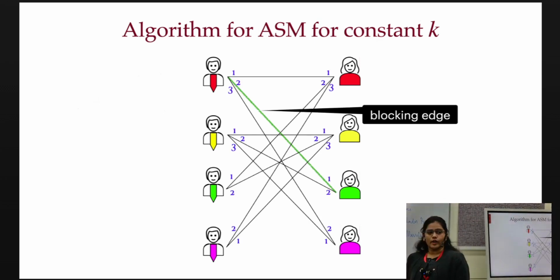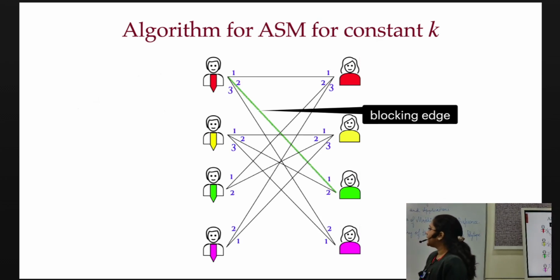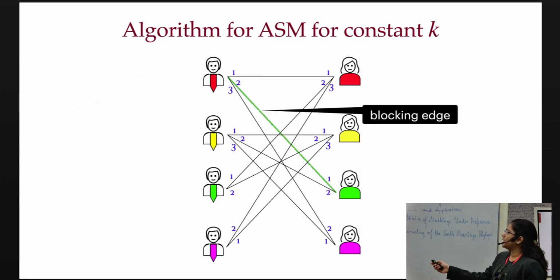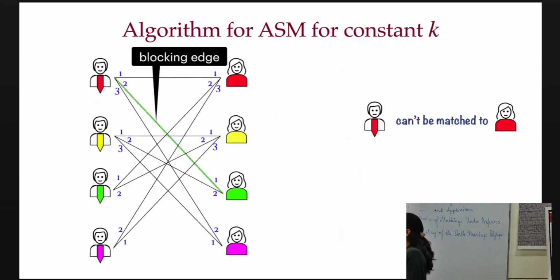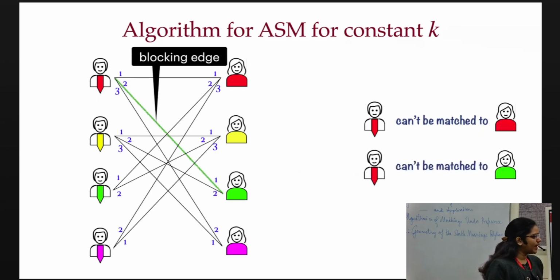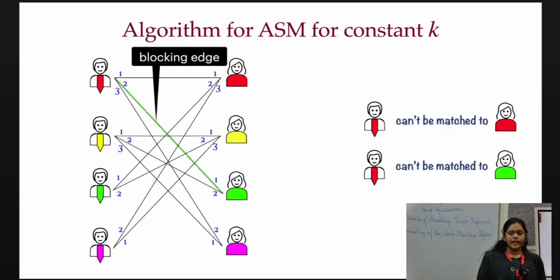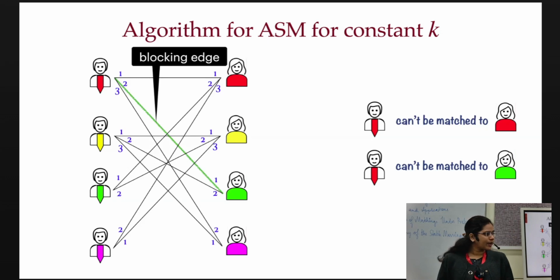So, if this is a blocking edge, this cannot be matched with this red girl and this red can also not be matched with this green, correct. So, I can delete these edges because I know that in the solution this is my blocking edge. I do this and now I just find a stable matching.